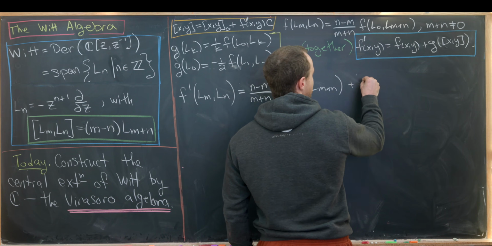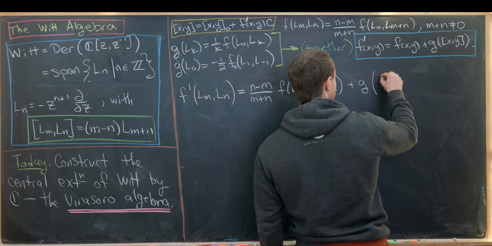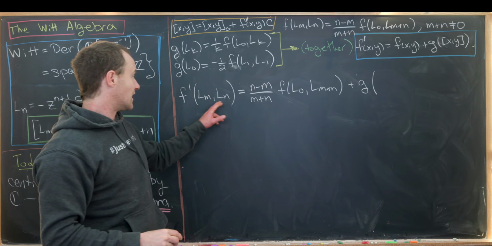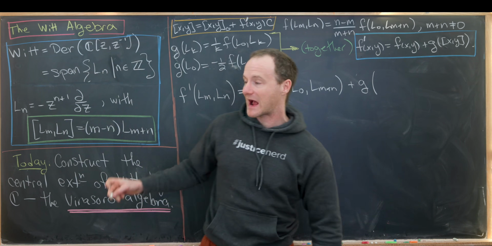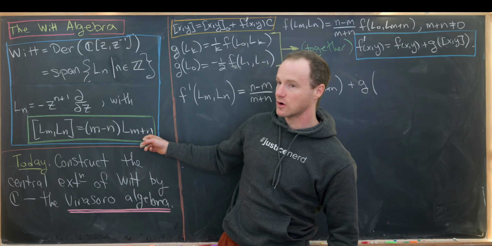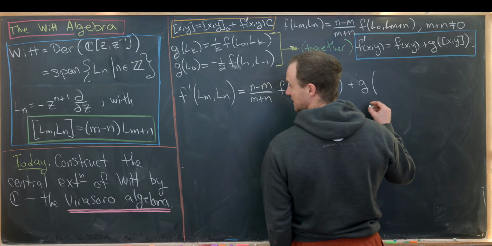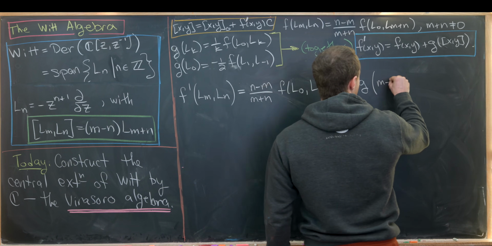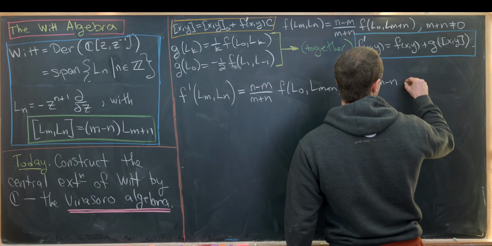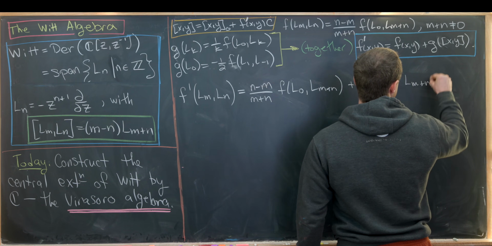And then we have plus g of the bracket of Lm, Ln. But let's recall the bracket of Lm, Ln was this thing over here. So that's g of (m minus n) Lm plus n.